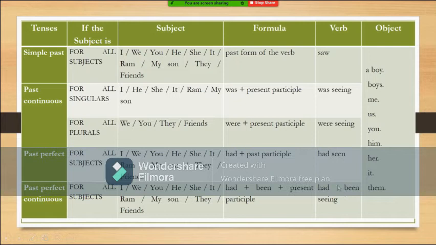What is the past participle form for be? Been. Been is the past participle, and it indicates perfect tense. Had indicates past tense. And seeing, that is the present participle of the verb see, indicates continuous. So had implies past, been implies perfect, seeing implies continuous. To indicate past perfect continuous, had been seeing.